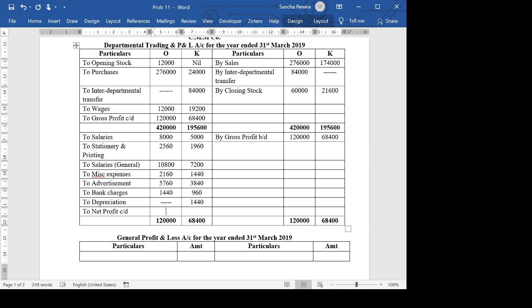It is 89,280 for O, and this side it is 68,400 minus 760, minus 72, minus 1,440, minus 3,840, minus 960, minus 1,440. It is 46,560.